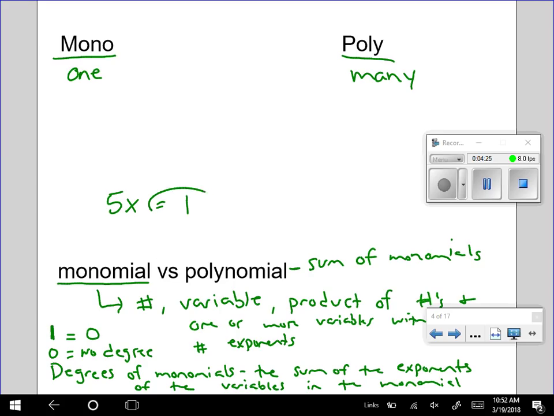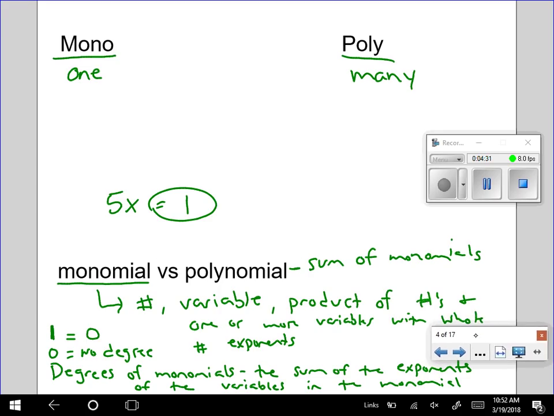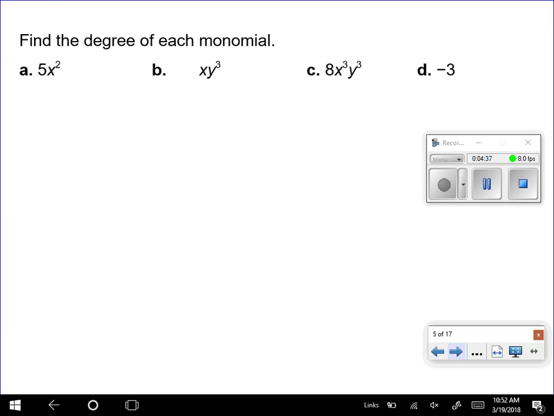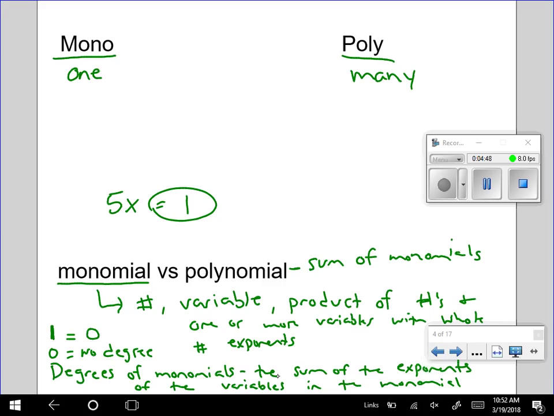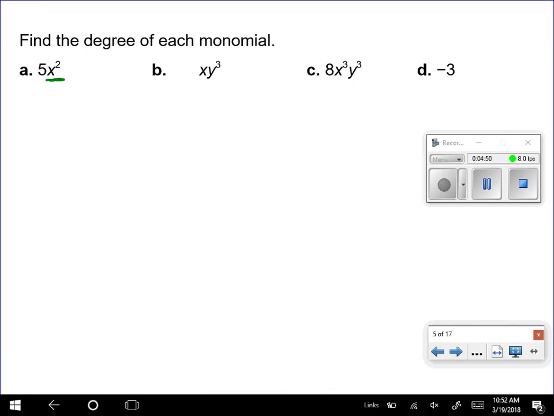This is just a little important to understand the degrees. We won't work with it a ton, but we will see it a little bit. So let's do a few more examples here. Hopefully it'll make sense as we continue on. Again, your constant doesn't have a degree, but your x value here has a degree, and it's the sum of your exponents. How many exponents do you have? You have 2, so that would be your degree.